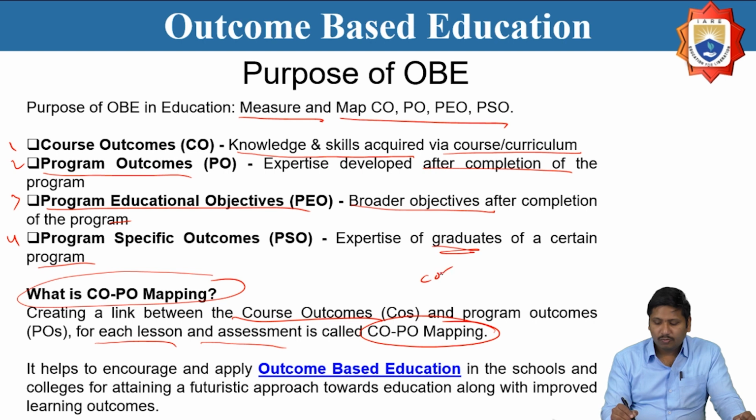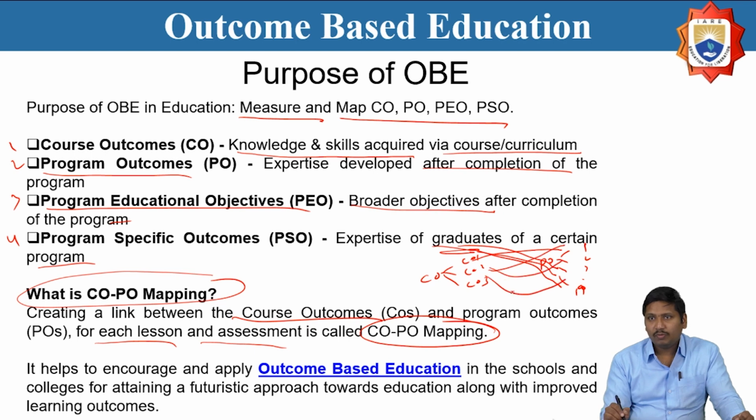Whatever COs we identify, let it be CO1, CO2 and CO3, similarly we are going to have some POs. How is each and every CO going to map with the corresponding PO? Similarly, how is CO2 going to map with PO? Like this we have to perform it.